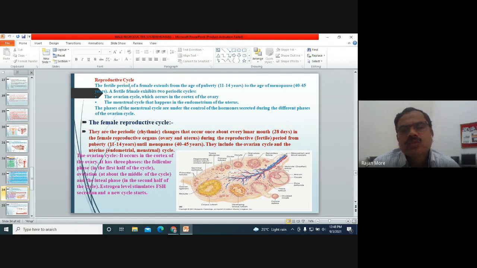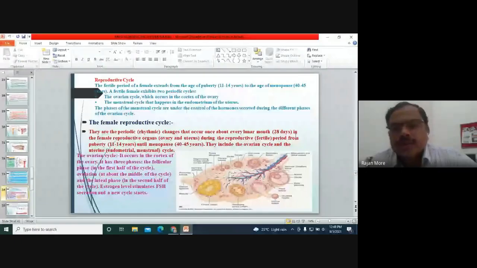The phases of the menstrual cycle are under the control of hormones secreted during the different phases of the ovarian cycle. It is a periodic cycle of rhythmic changes that occur about once every lunar month, that is 28 days, in the ovary and the uterus.